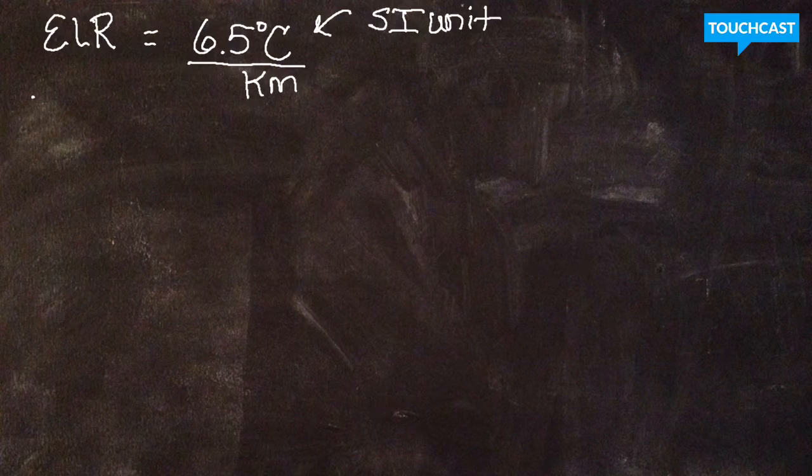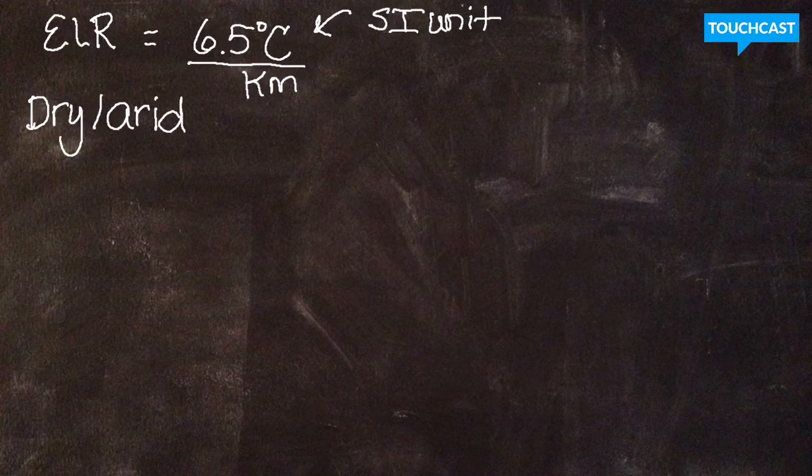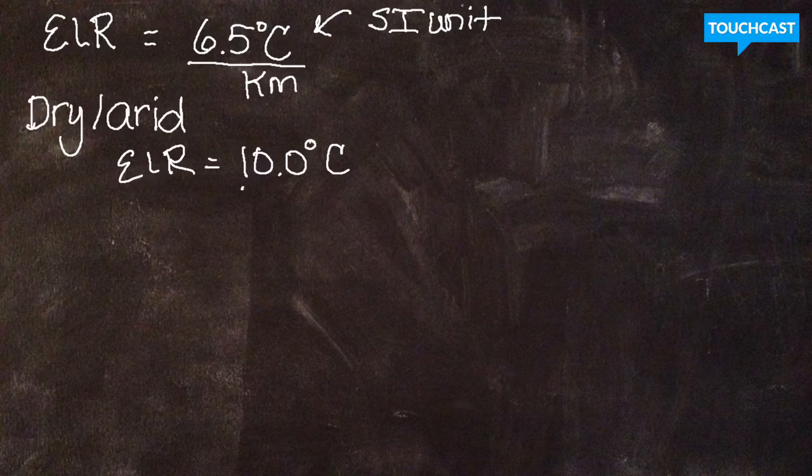If we have dry conditions, or another name for that is arid, then the environmental lapse rate is going to be 10 degrees Celsius per kilometer. So it makes a difference on the conditions, because when it's cold, the air is very dry, and you notice that.